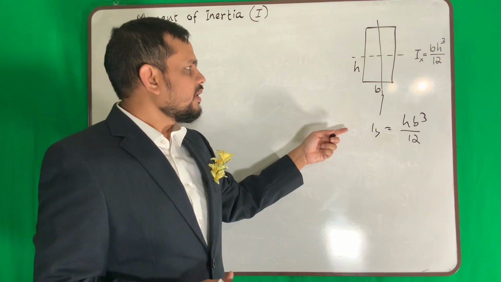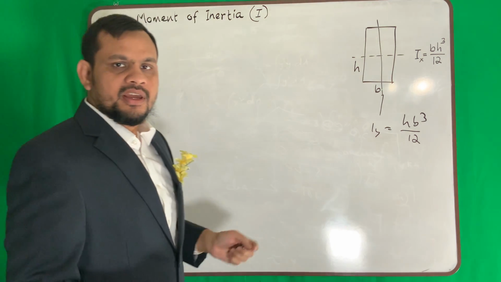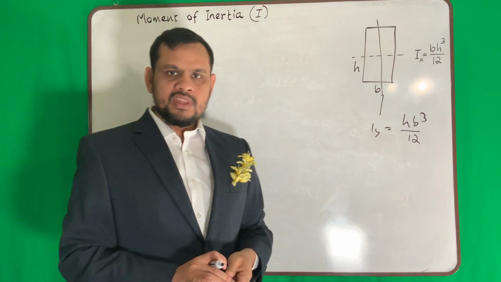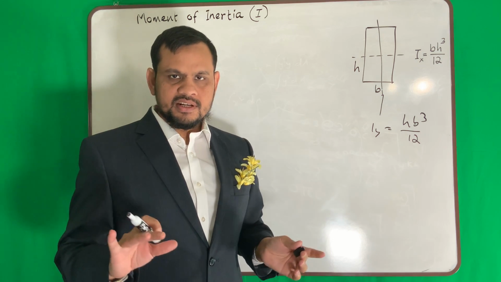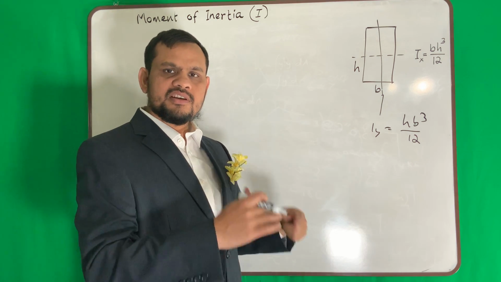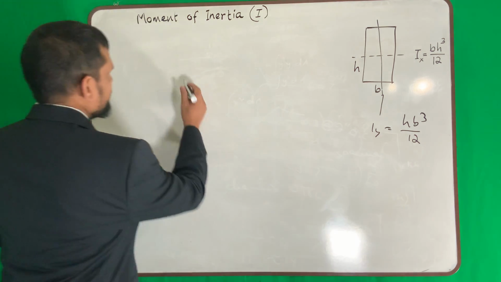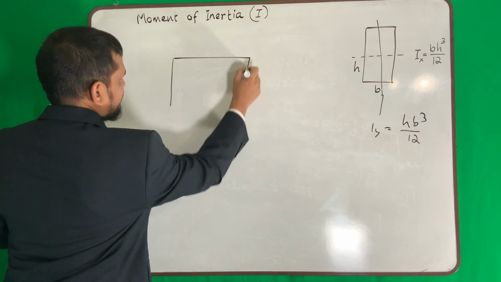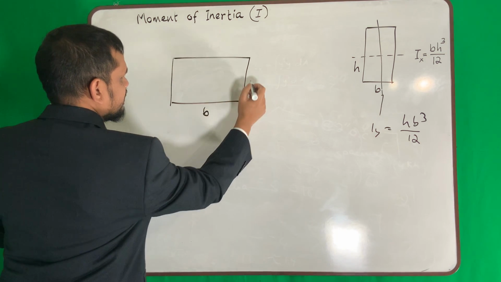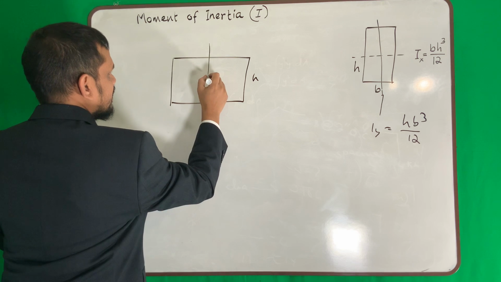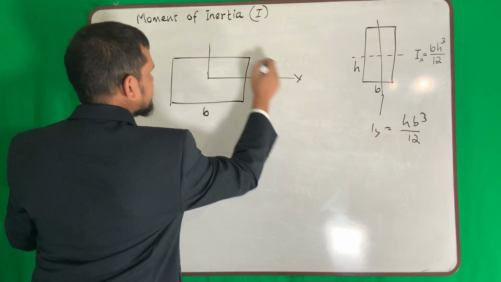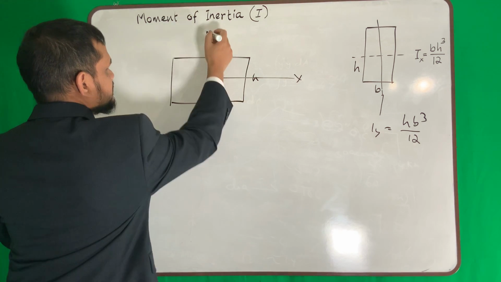Now we will see how we can calculate it. We need calculus. Again, if you do not understand calculus, no problem. This is just to show you. So say there is a rectangular section, say this is b, this is h, this is my centroidal x-axis, y-axis.